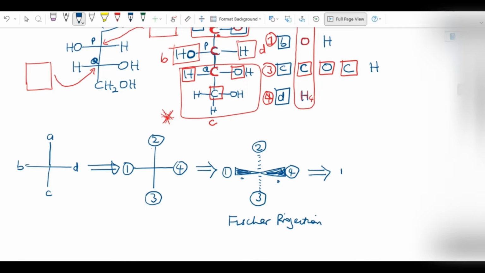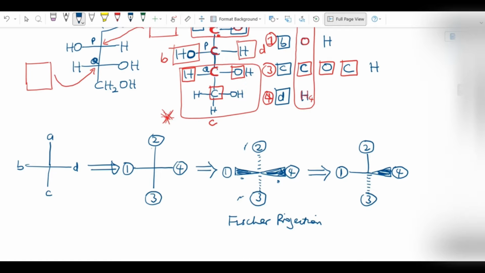So let's make 1 to be the line bond and 4 to be the wedge. Between 2 and 3, I will choose one of them to remain as a dash bond, and the other bond automatically will become a line. So let's make 3 to be the dash bond. Now that means 2 is going to be a line bond.